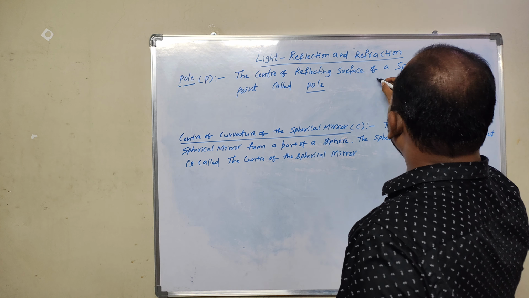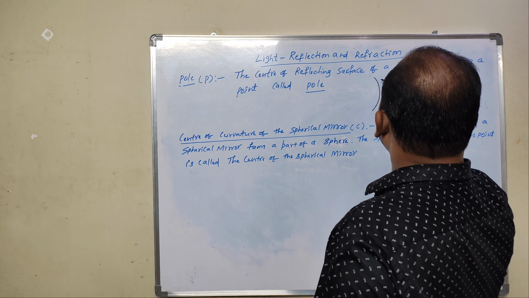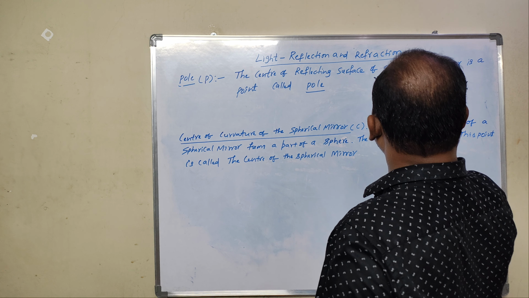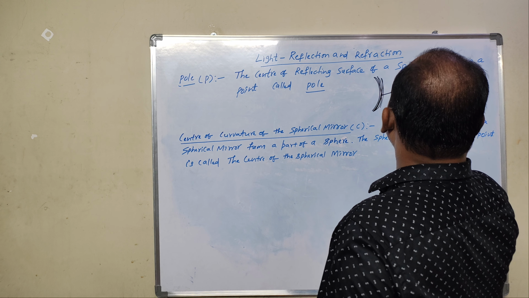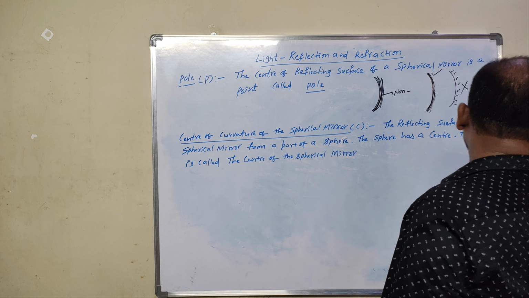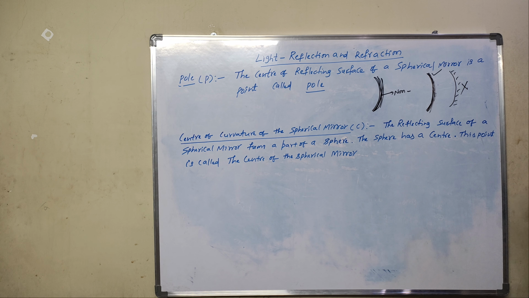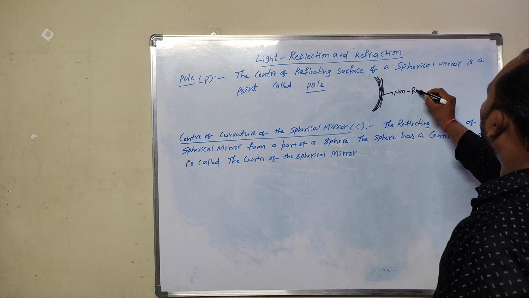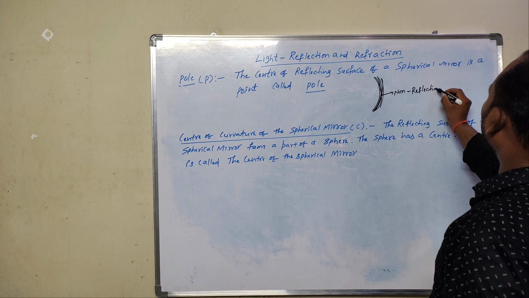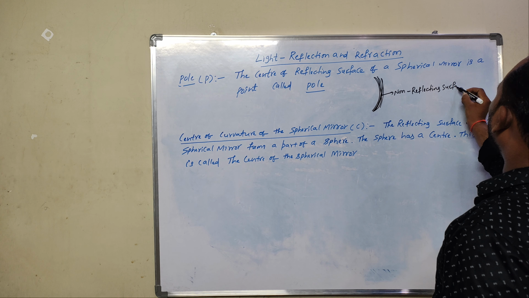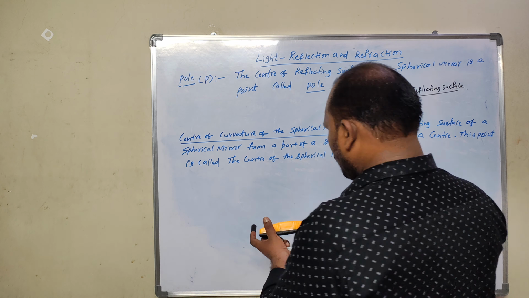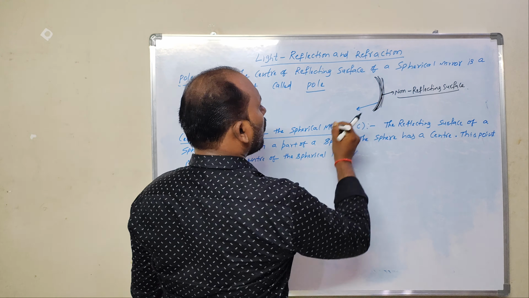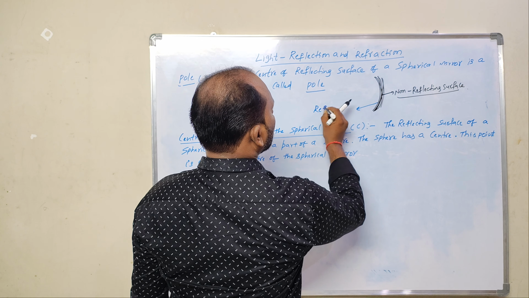So this is the diagram which shows the non-reflecting surface, and this is the reflecting surface.